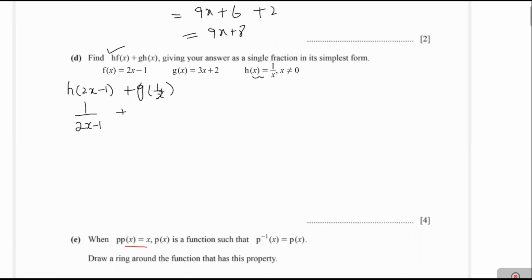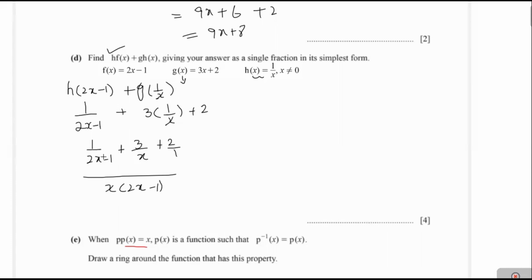Now you see here we replace x by 1 over x, therefore we can write it as 3 into 1 over x plus 2. Now we simplify this, 1 over 2x minus 1 plus 3 over x plus 2 over 1. Now we take the LCM, that's equal to x into 2x minus 1.